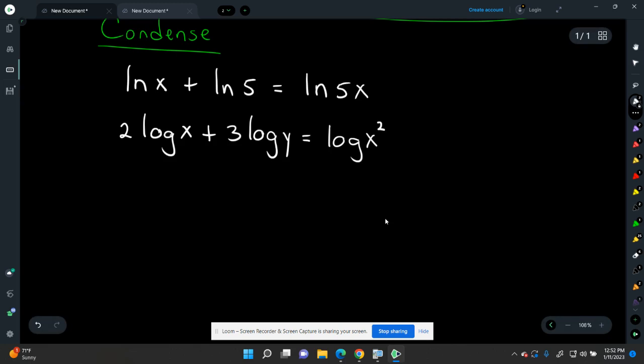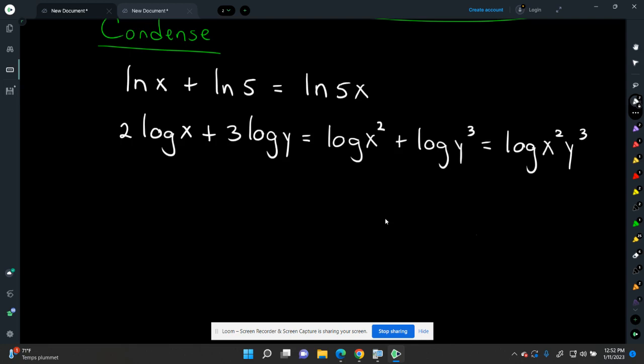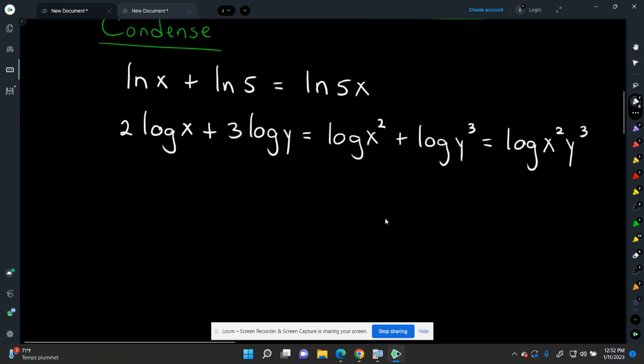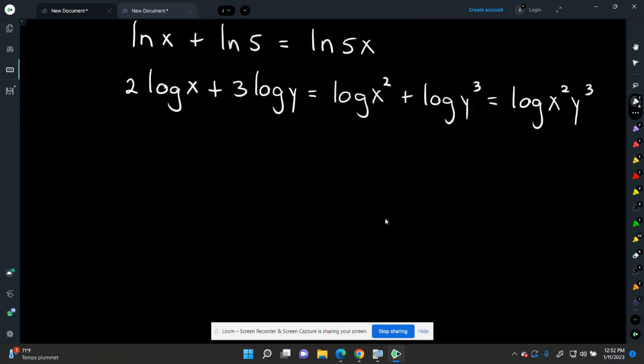So log x squared plus log y to the third, which we know is multiplication. So this is log of x squared y to the third. Is this making sense?